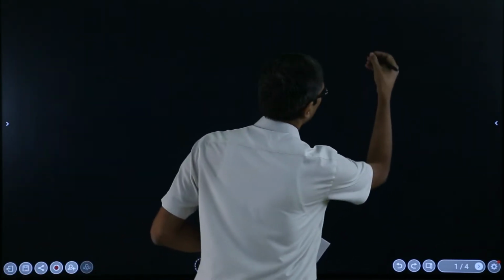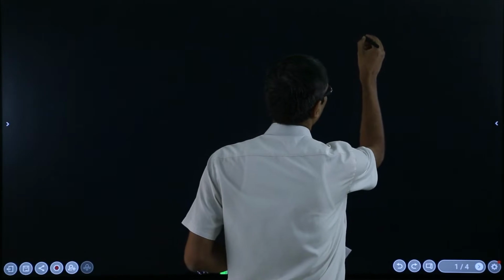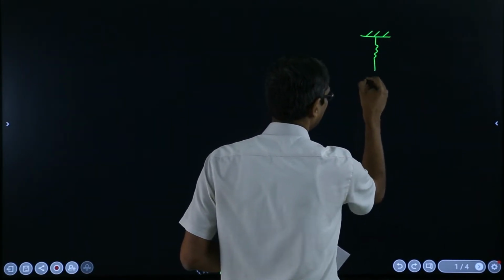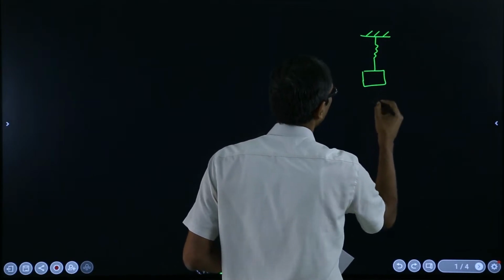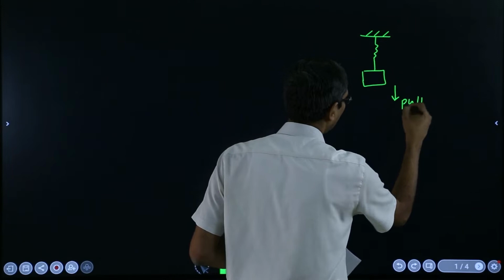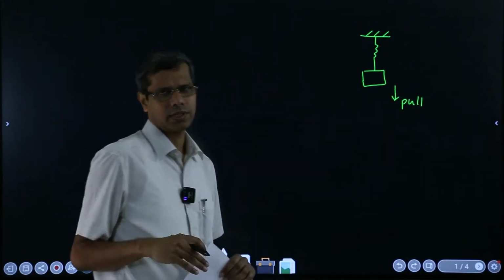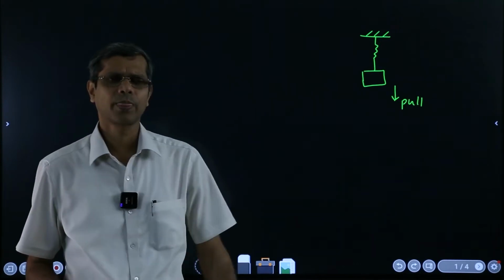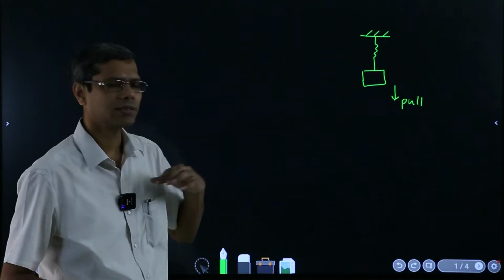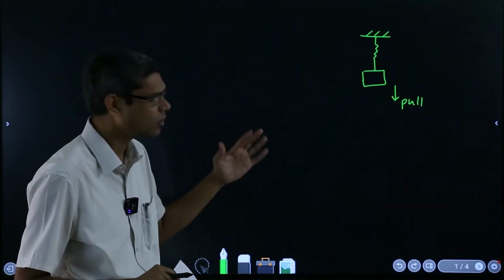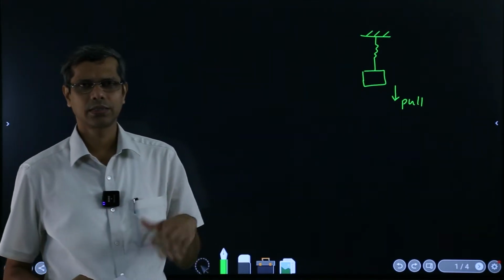I'm not doing anything quantitative now. We will come to that in a moment, but I pull it and leave it, and then it will oscillate. All of us have the experience of seeing such things. If we neglect all the damping factors like air resistance, it will keep on oscillating at a certain frequency.